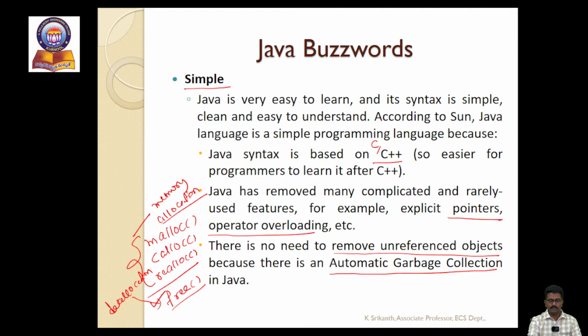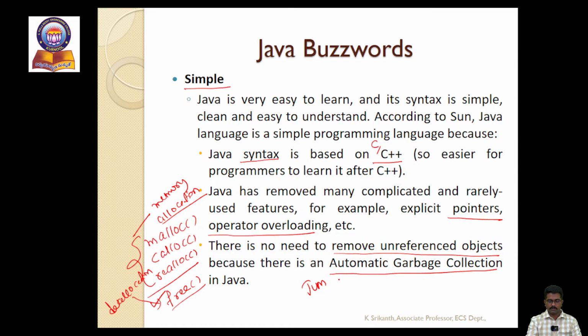One is, if you know C or C++, most of the syntax in Java is similar to C or C++, so that's why it is easy to learn the language. The second point is there are no pointers in Java language, and there is no operator overloading. And one more advantage is the unreferenced objects are automatically garbage collected by JVM, Java Virtual Machine.